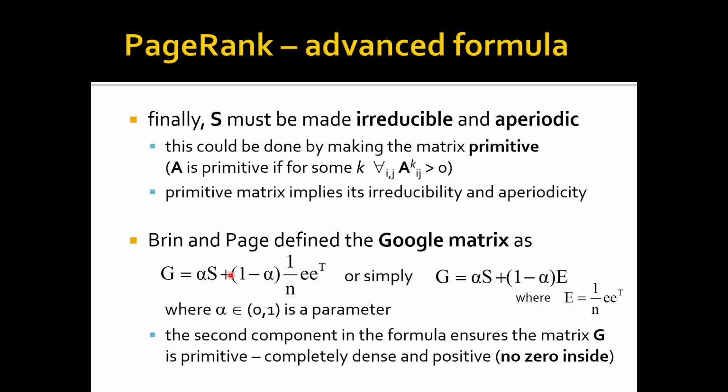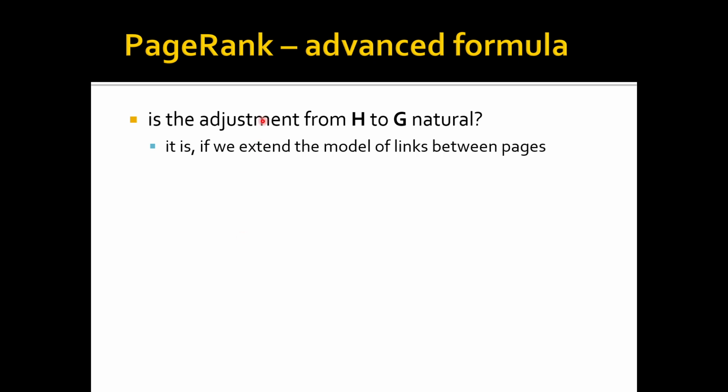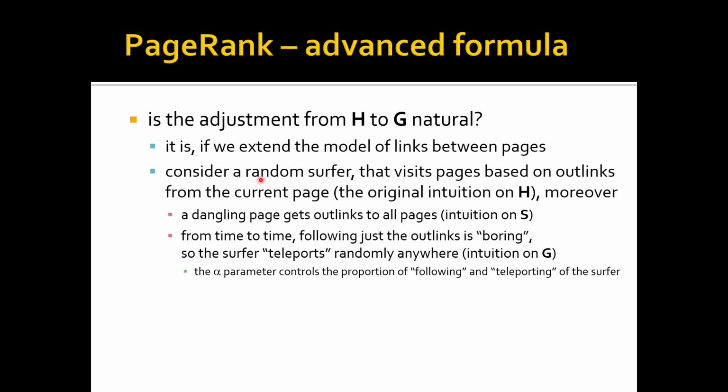So is the adjustment from H to G natural? We already talked about the random surfer for the case of the stochastic matrix, but now we can extend it also to the G matrix where there are no zeros. So again, think about a random surfer that clicks on the links within the pages and just browses the graph. And as I said, in a dangling node, it can click anywhere, because in a dangling node there is no outlink.